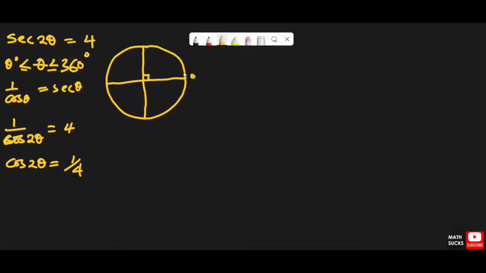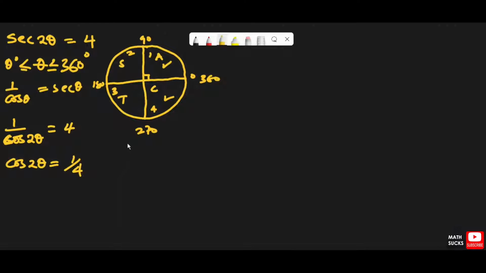This is 0, and this is the first quadrant where all ratios are positive, the second quadrant where only sine is positive, the third quadrant where tan is positive, and the fourth quadrant where cos is positive. So when we are looking for all the possible values in this equation, we need quadrants where cos is positive, and that is the first quadrant and also the fourth quadrant.